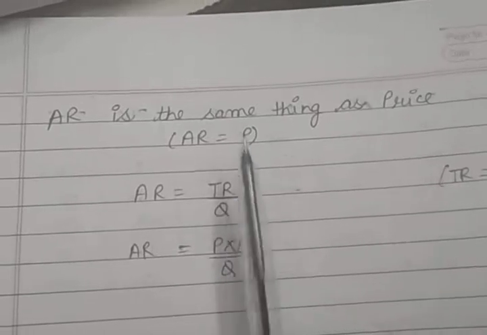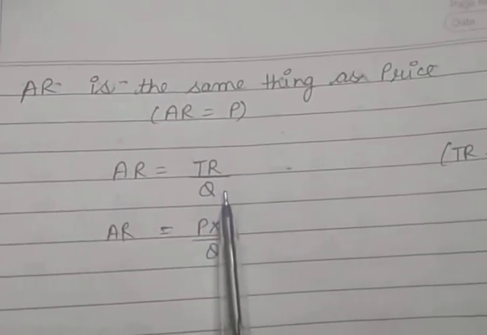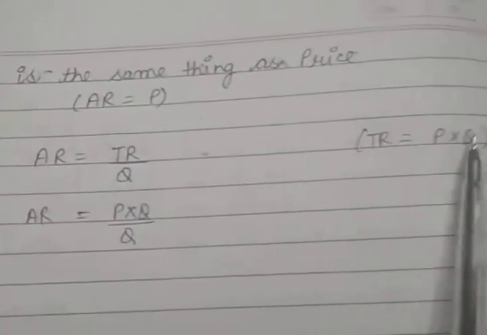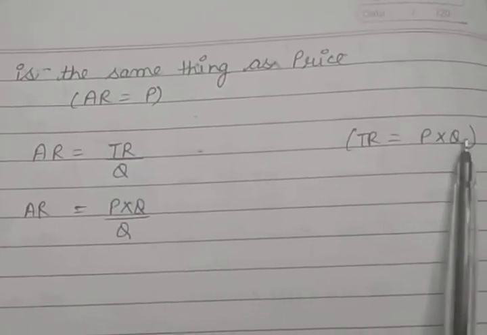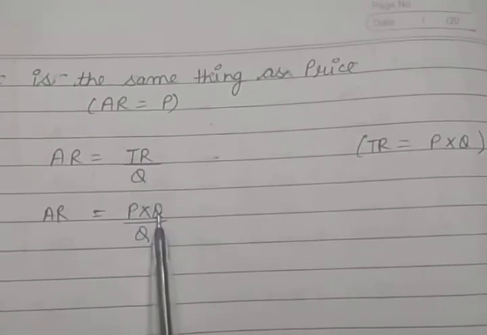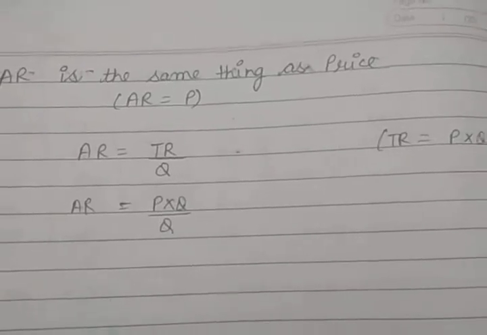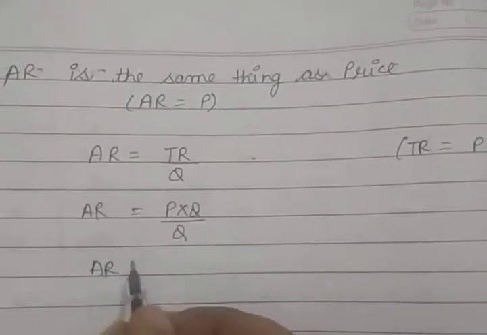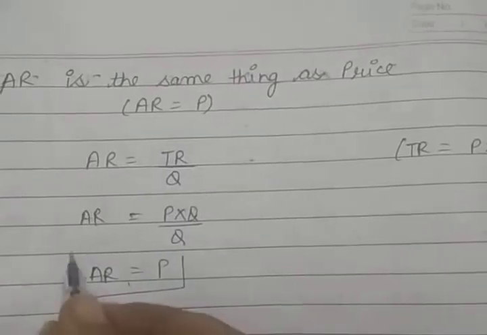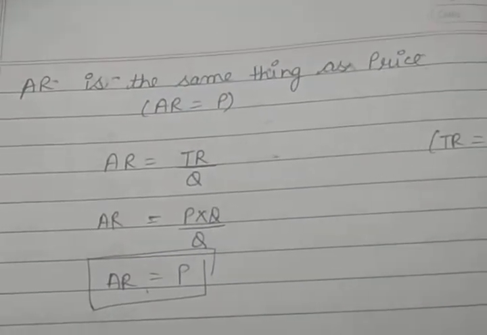We know that AR is equal to TR upon Q, and the TR formula is P into Q. So let's put the formula of TR here. AR is equal to P into Q upon Q. Q and Q cancel, so AR is equal to P. So AR is the same thing as price.